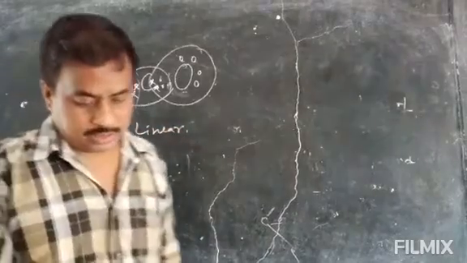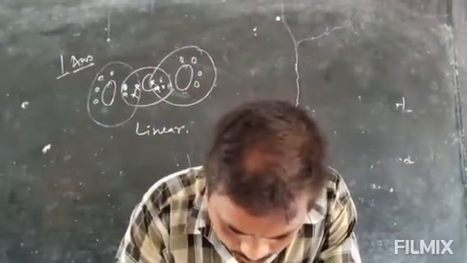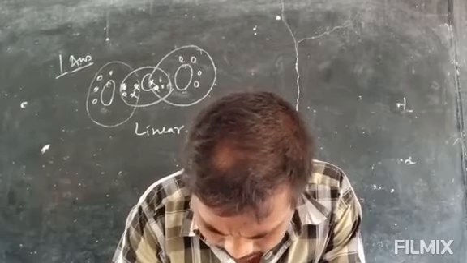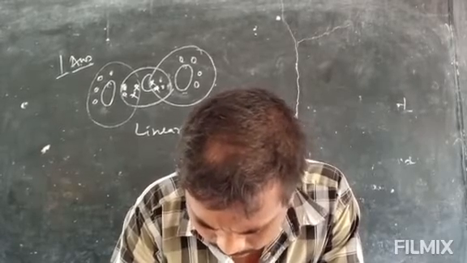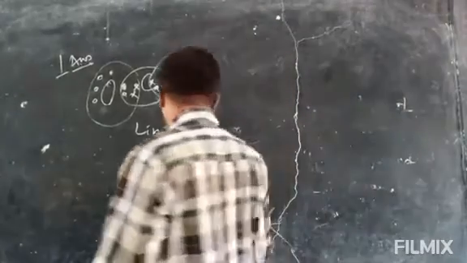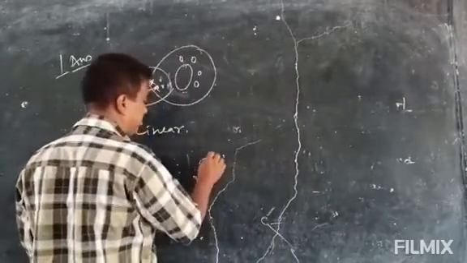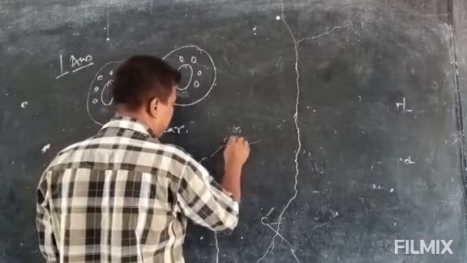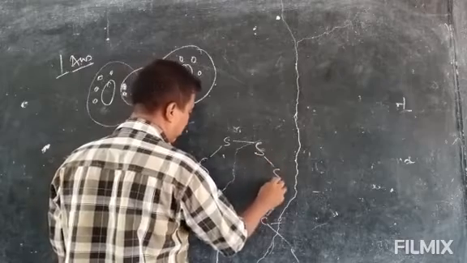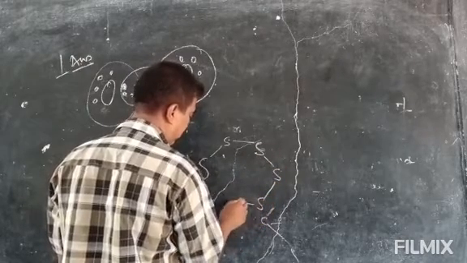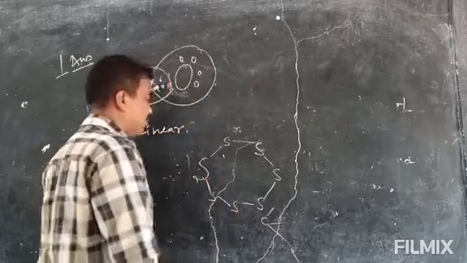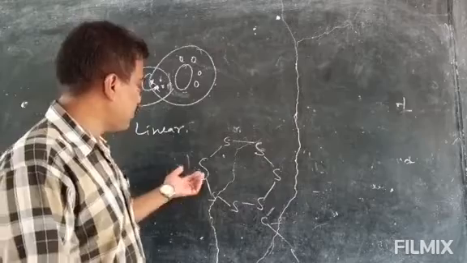Now in question number 2, what would be the electron dot structure of a molecule of sulfur which is made up of 8 atoms of sulfur? So we can join sulfur here, and the remaining valencies you can put here.